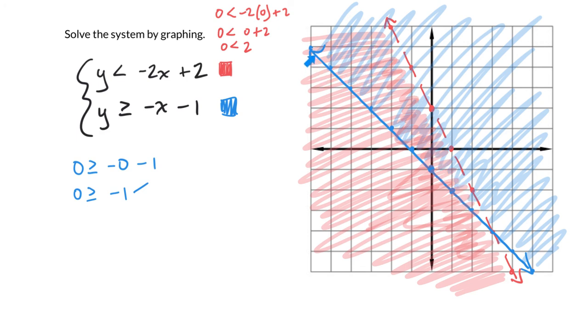And then because this line is a solid line, the red shading is covering where that line is. So the points on that line are also going to be solutions to this system. The points on this line, even though the blue shading overlaps, this is a dashed line, so we're not including that dashed line in the red solution. So the points that are on this line are not going to be part of our solutions.